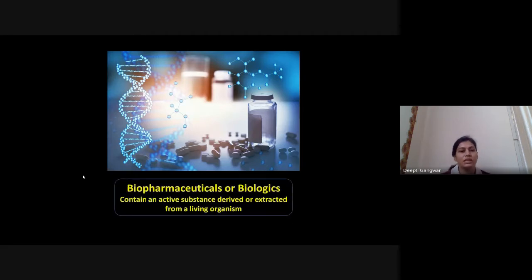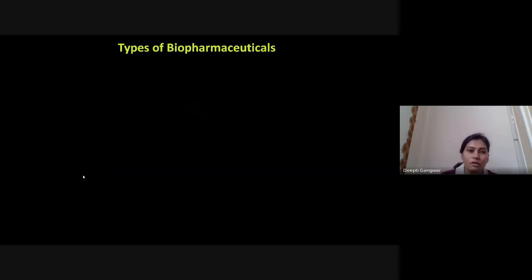And technically speaking, when we talk about biopharmaceuticals, they are basically anything which is derived from the living microorganisms. Either you derive certain active substance directly from that microorganism or you are making them to produce something for you. All that comes under this section of molecules which are known as biopharmaceuticals or biologics.